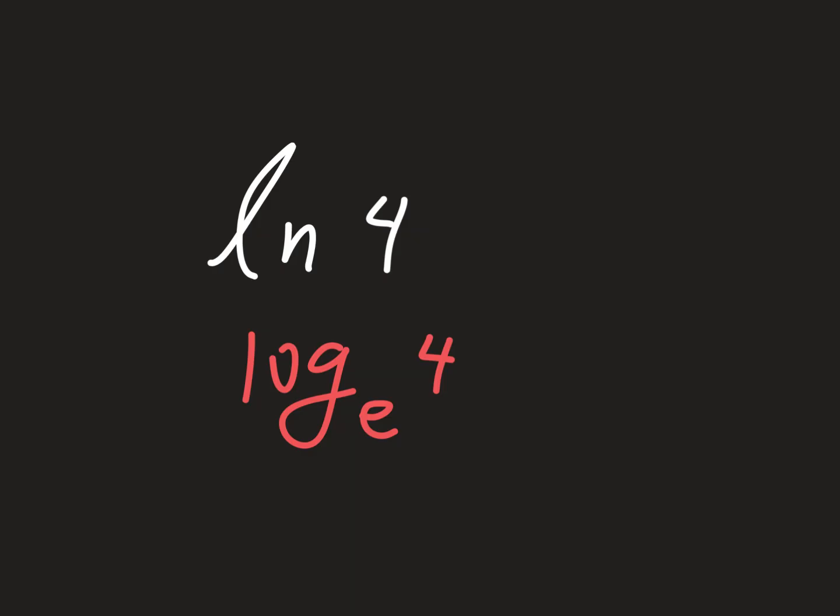I did say that it would be smart to always change it to log base e of 4, and that's true, but you don't have to type it in that way. Just type ln 4, enter. Gavin, what was ln 4? 1.38. Anybody verify that? 1.38? Okay, good.